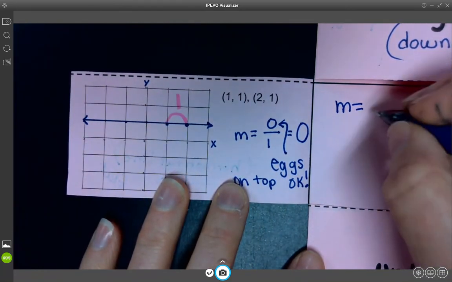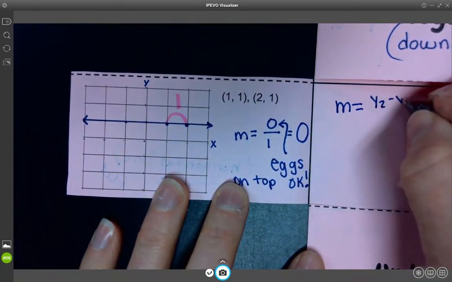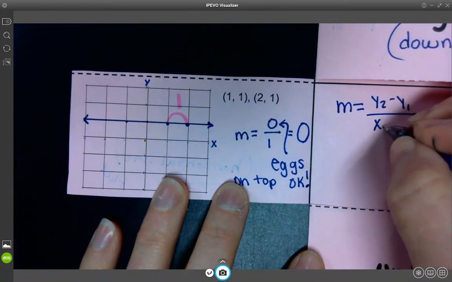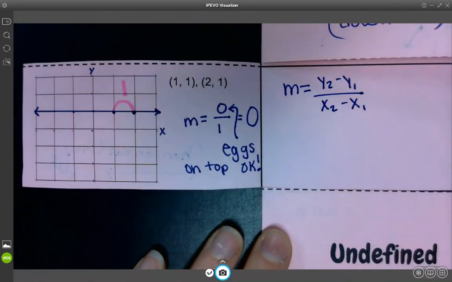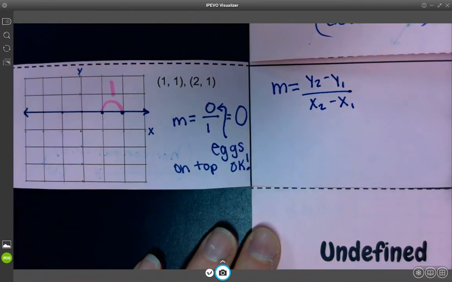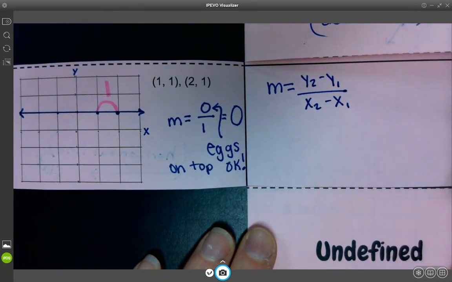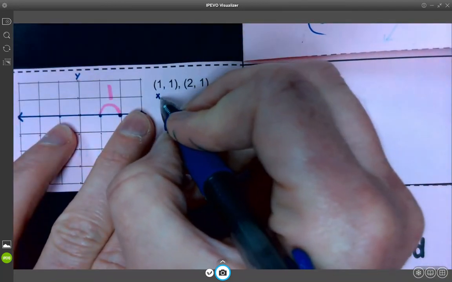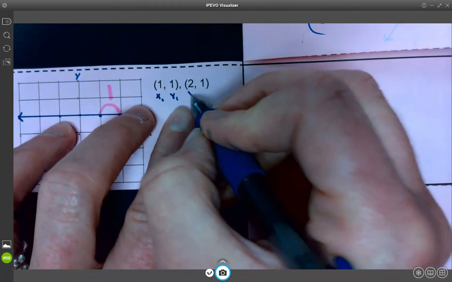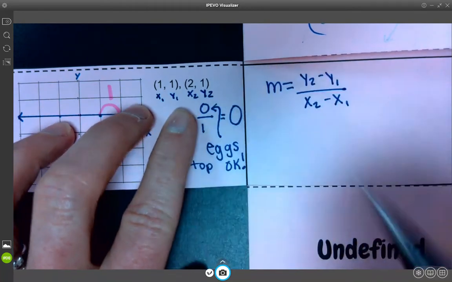Let's write our formula. Y2 minus y1 over x2 minus x1. Let's write x1, y1, x2, y2.